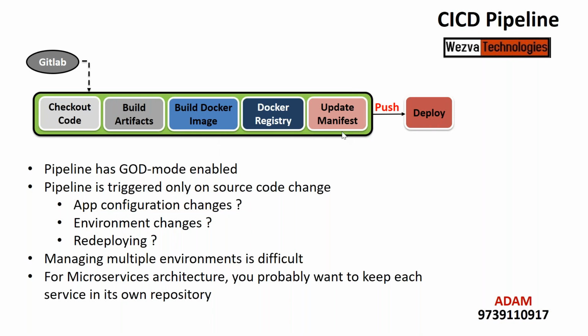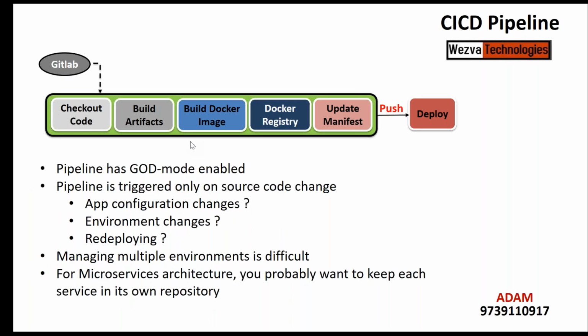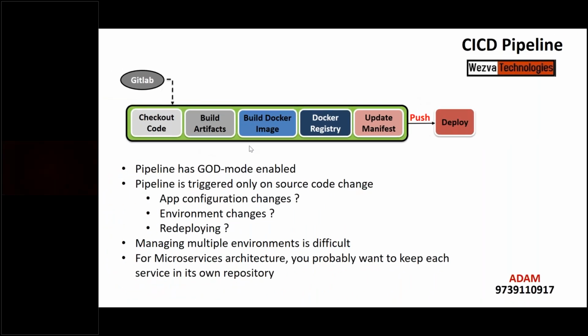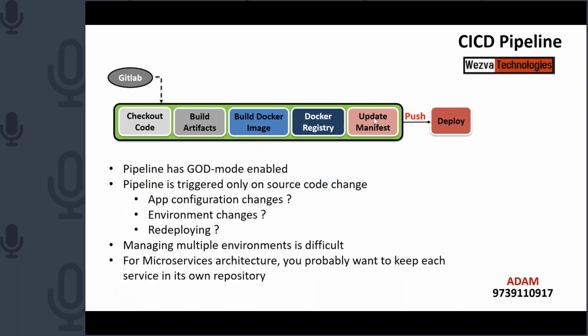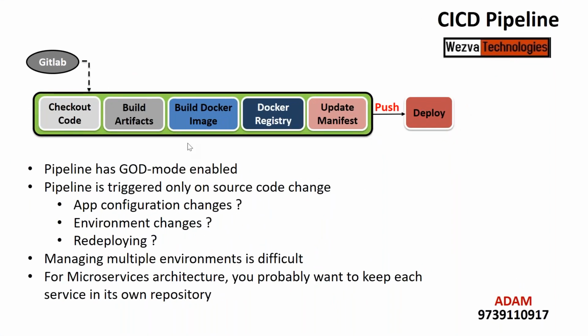For this, you are going to have some manifest file. Now this has to be updated, right? Because every time you build, the image tag will be updated. You cannot have the same build image deployed every time. So how do you differentiate between the previous image and the current image? Every image will have a different tag. For every build, the tag number will change.